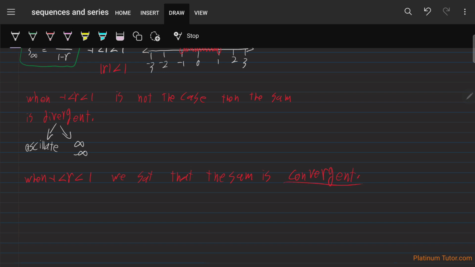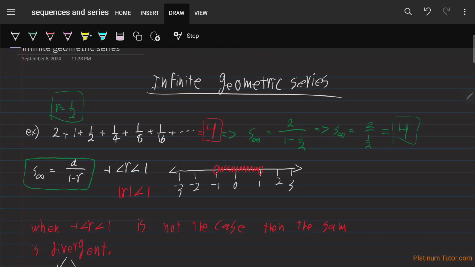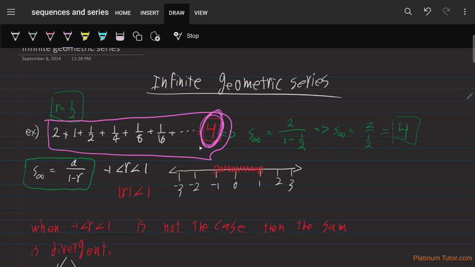So that means it comes out to a specific number. So it gives a final value, like the example we did above. So this sum above, let me circle it, this guy that we did together, the sum came out to a final value. We ended up getting a number for that. And so we would call that a convergent sum.